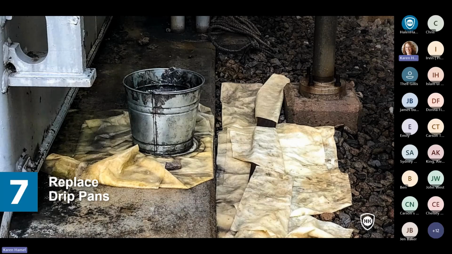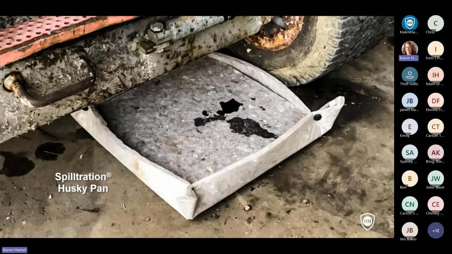One of the solutions that we've created for that is to have our Spiltration Husky pan instead of those drip pans. Nice thing about these is that they can be weighted down with stones or rocks or a brick, whatever you might have on hand there. And they're going to stay in place and capture the oily leaks and allow the water, clean rainwater, to filter through.